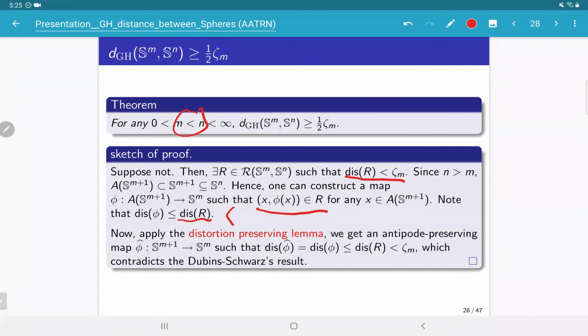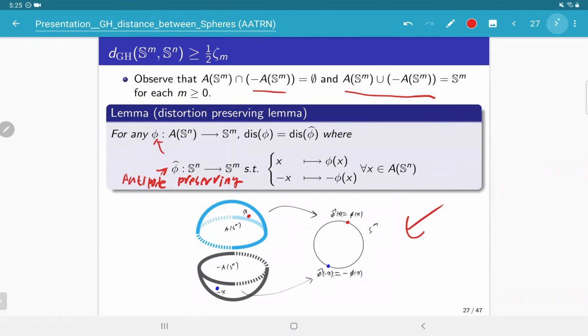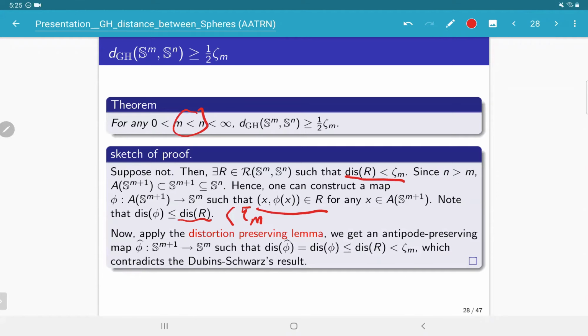Hence, strictly less than zeta sub m. Now, apply the distortion preserving lemma from the previous page to this map phi. Then what we get is the map phi hat from the whole S^(m+1) to S^m, such that the distortion of phi hat is equal to the distortion of phi, therefore strictly less than zeta sub m. Furthermore, phi hat is also antipode preserving.